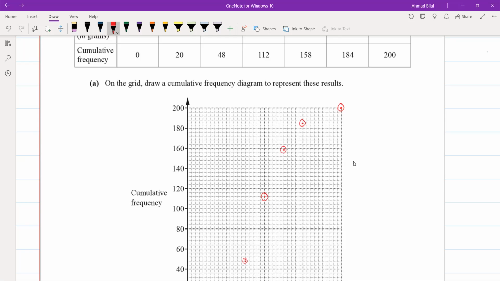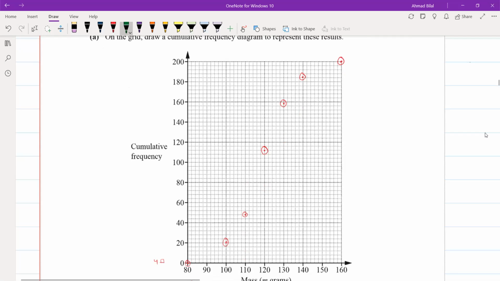We just draw this curve. This curve को draw करते हैं. It's a cumulative frequency curve that we have to draw. So it's going to look like this. Try to make it as smooth as you can. You have to make sure you're doing it with a pencil.